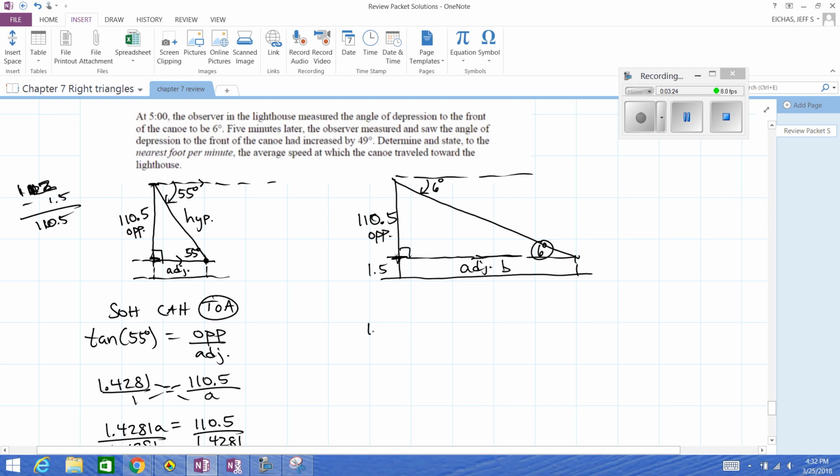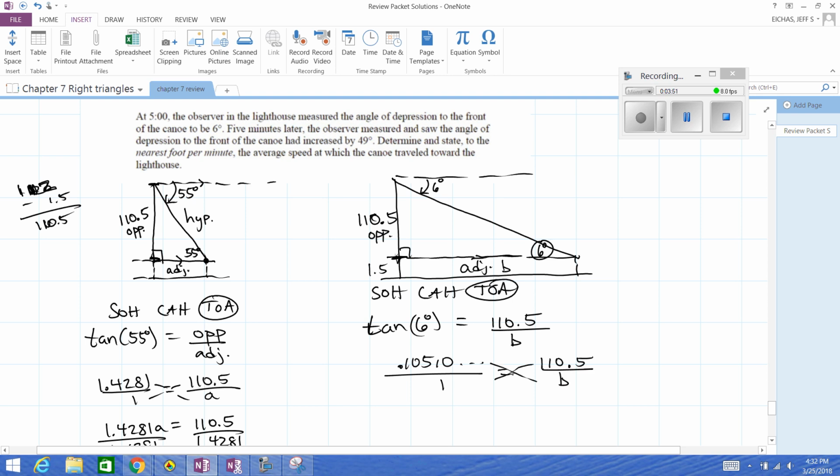All right, so tangent. It's opposite and adjacent I'm going to work with, so tangent of 6 degrees equals 110.5 over B. Tangent of 6 is 0.10510 to 1.